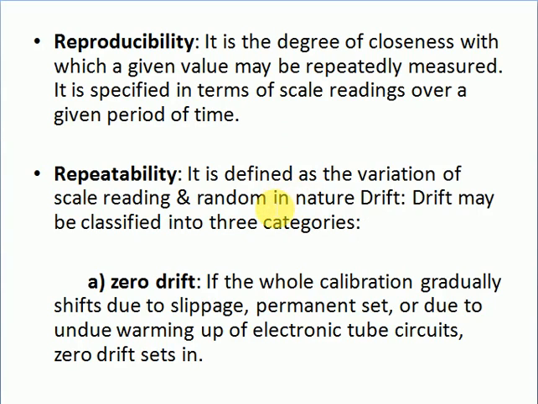Next is reproducibility. Reproducibility is defined as the degree of closeness by which a given value can be repeatedly measured. It is specified in terms of scale reading over a given period of time. Perfect reproducibility signifies that the given readings taken for an input do not vary with time.